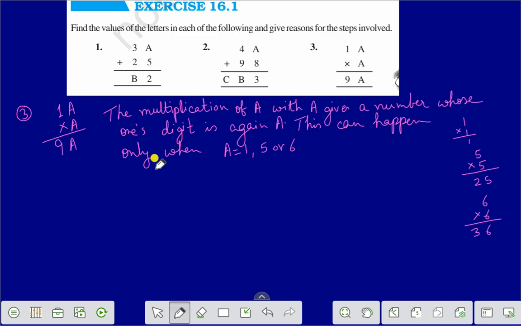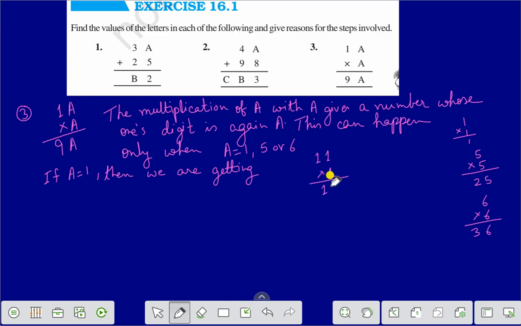Now if we take a is equal to 1, then we are getting 1 into 1 is 1, then we are getting 11.